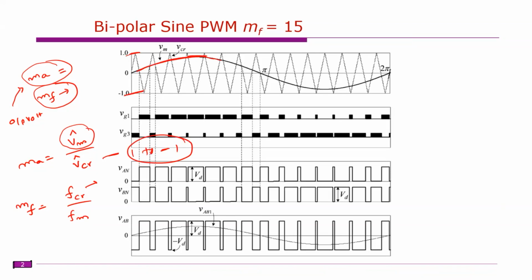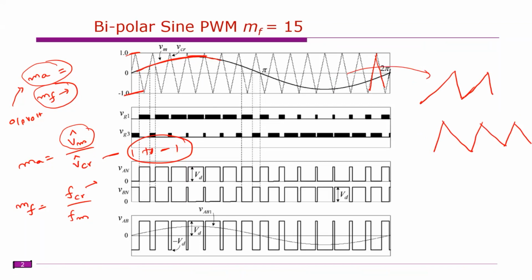We normally use double-edged carriers. When comparing, we normally use one of two things: a sawtooth waveform or a triangle carrier. Instead of the triangle carrier, we can also use the sawtooth waveform, but harmonic cancellation is better with the triangle carrier.